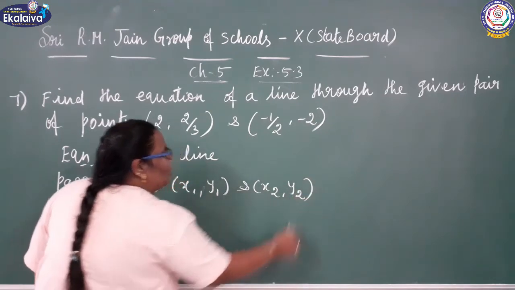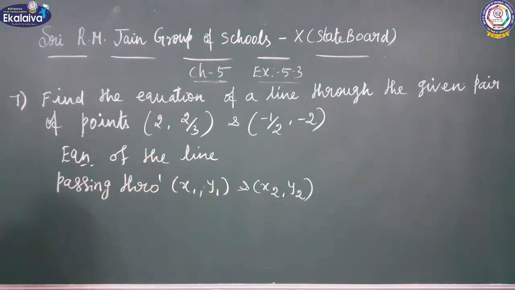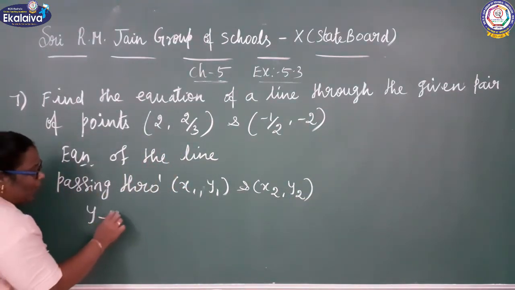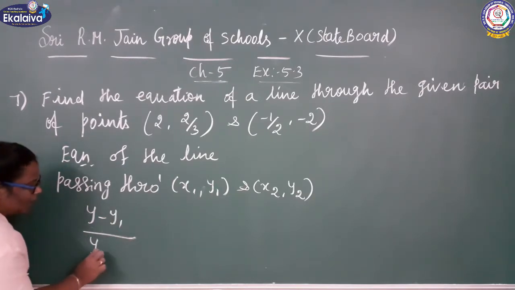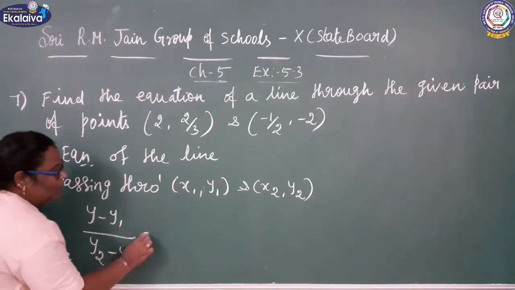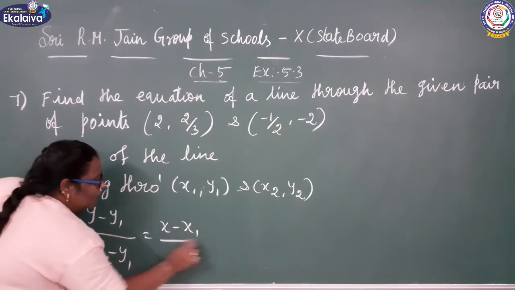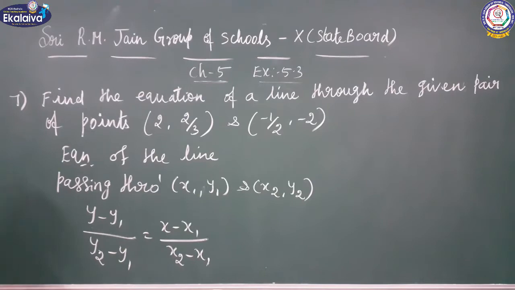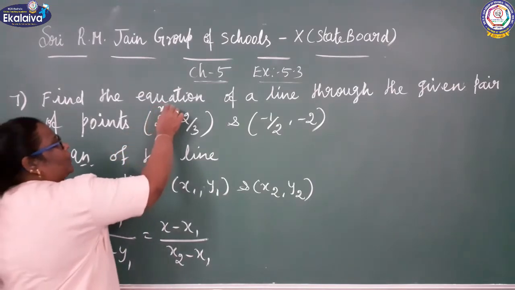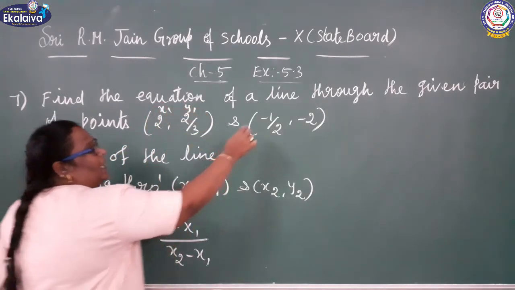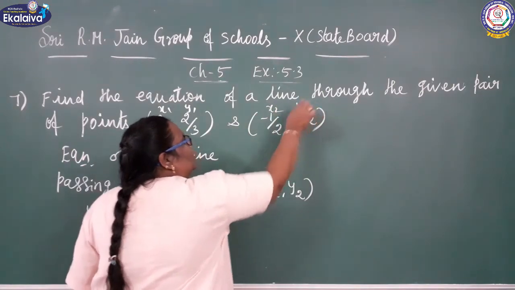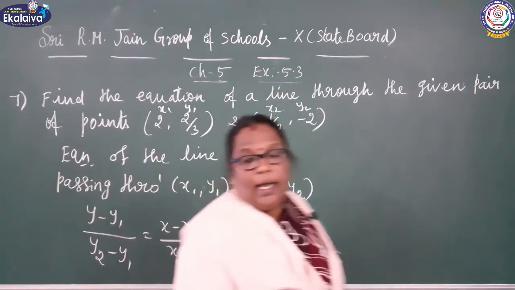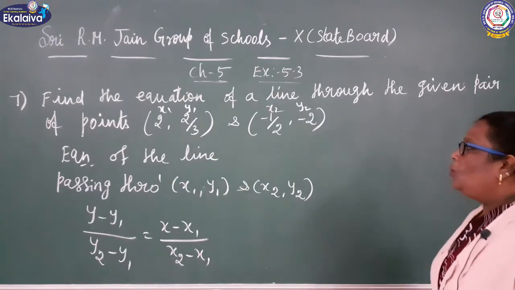The equation is (y minus y1) by (y2 minus y1) equal to (x minus x1) by (x2 minus x1). So this is x1, y1, this is x2, y2. You can substitute the values x1, y1, x2, y2.